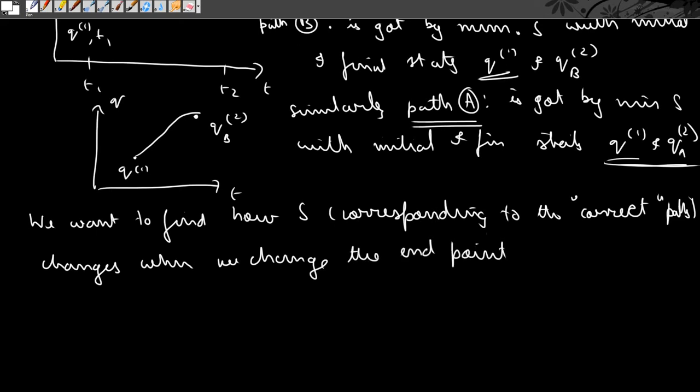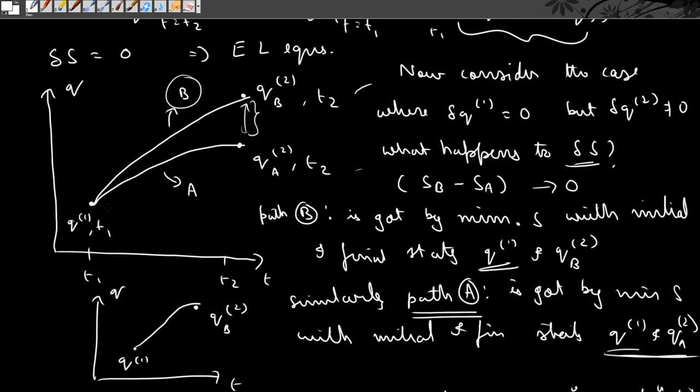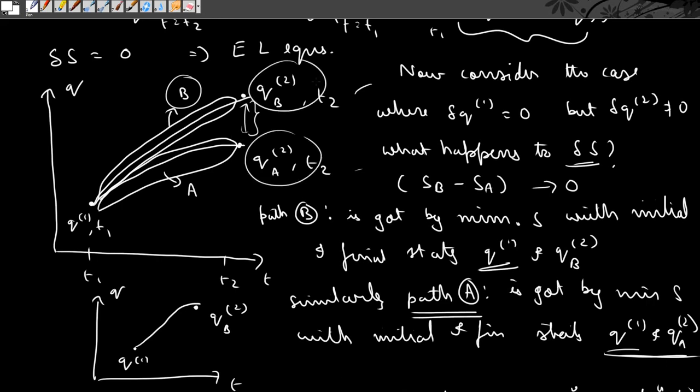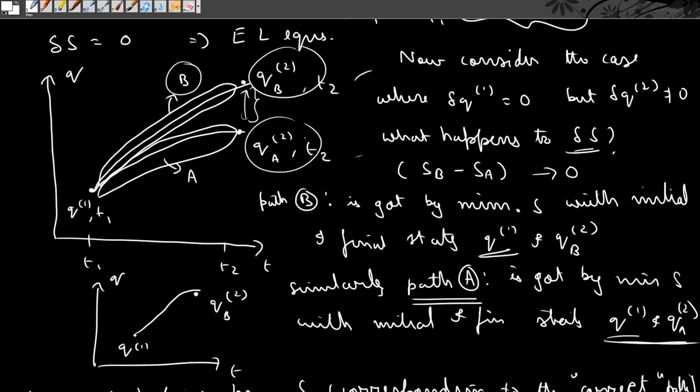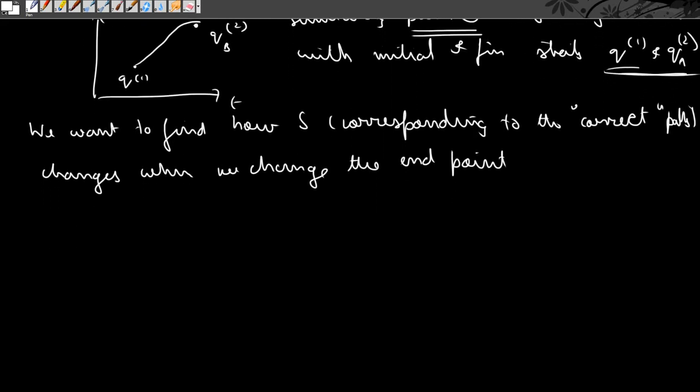What we mean by this is that clearly the value of S for this path is different from the value of S for this path. And what does this value depend on? This value depends on our final positions, and that is what we want to find. We want to find how this S varies by varying the endpoints. So that is what we are interested to find.